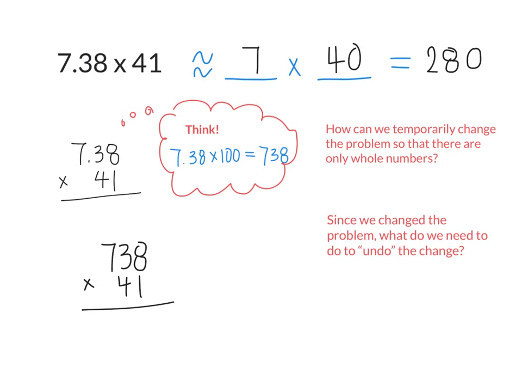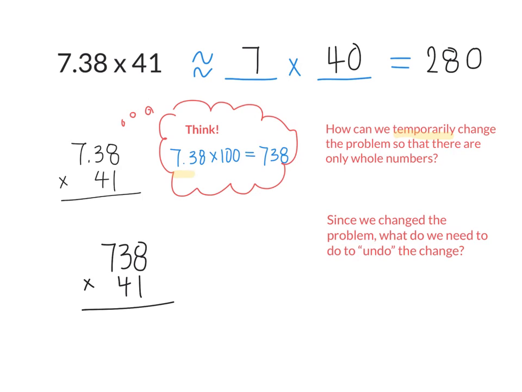Okay, now let's actually solve this problem. We have 7.38 times 41 over here, right? But we think to ourselves, how can we temporarily change this problem? Now, keyword there being temporarily. We can't change the problem on the math test, but can we change it temporarily to make it easier? Okay, let's temporarily change this problem so that there's only whole numbers.